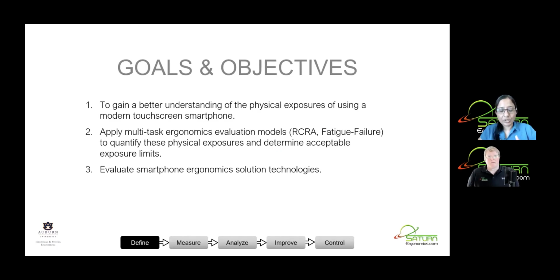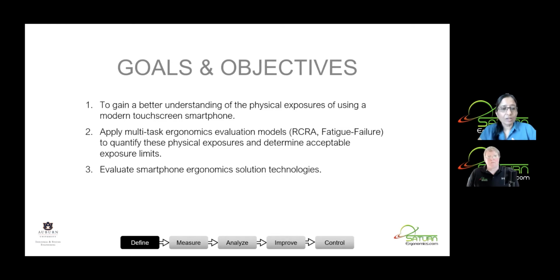We have tried to address the issue of ergonomics that people are facing these days. So the goal of our project is to gain a better understanding of the physical exposures of using a modern touchscreen smartphone.